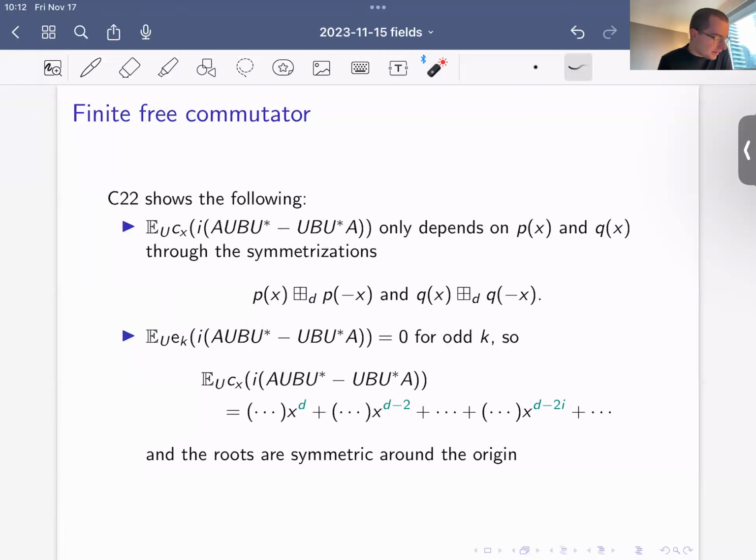So the e_k for odd k are 0. So basically the expected characteristic polynomial has this form, so the roots are symmetric around the origin. And this parallels the fact that free commutators are even.